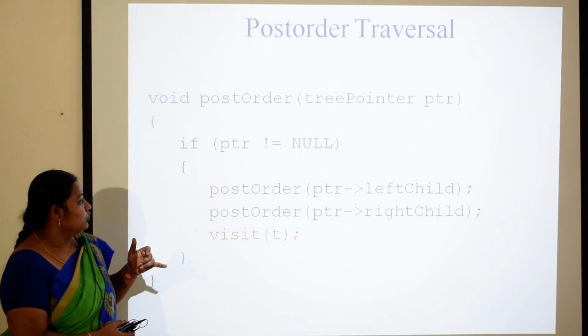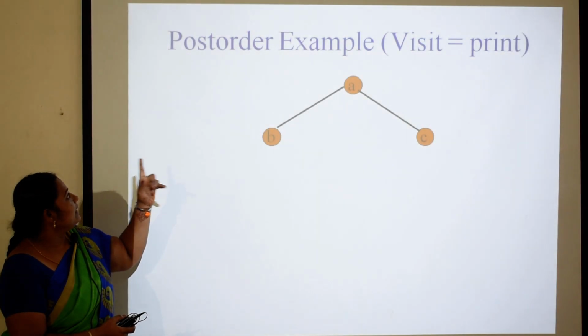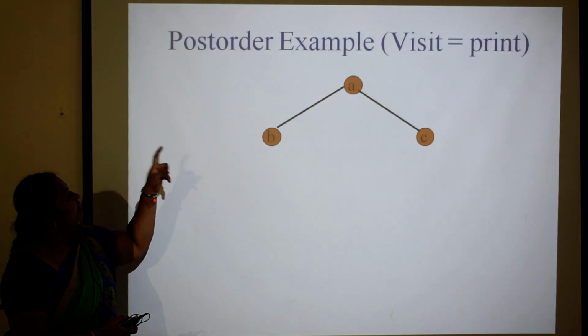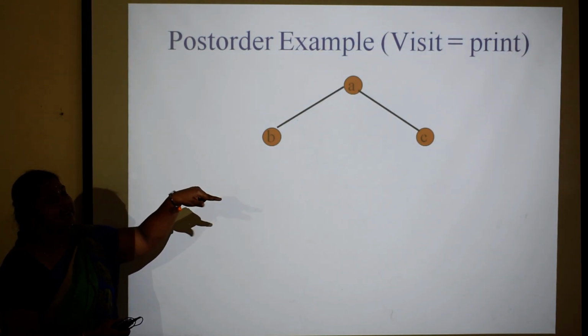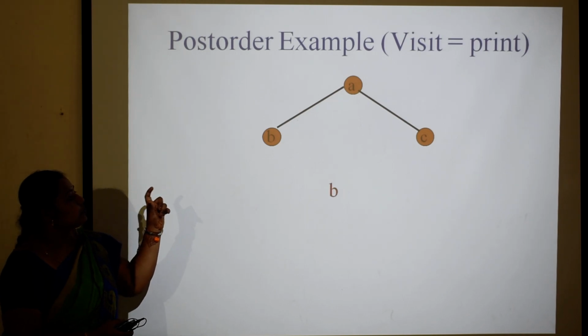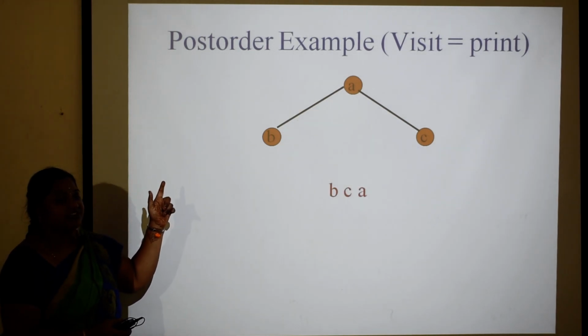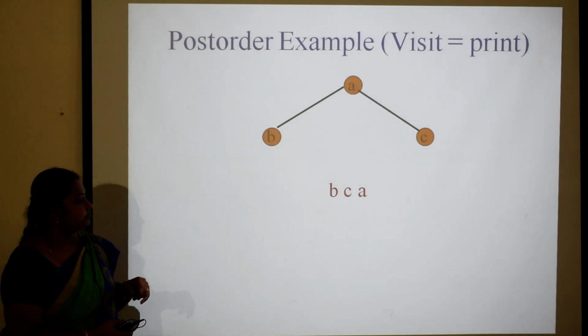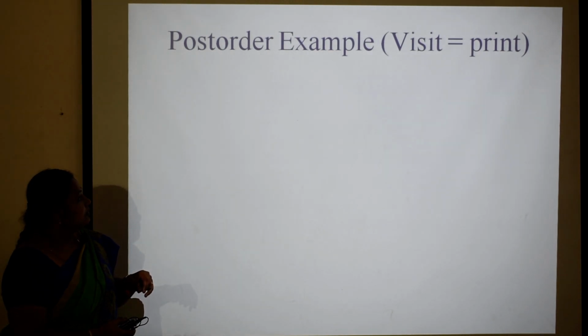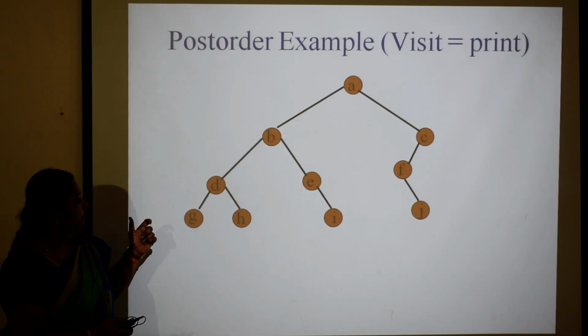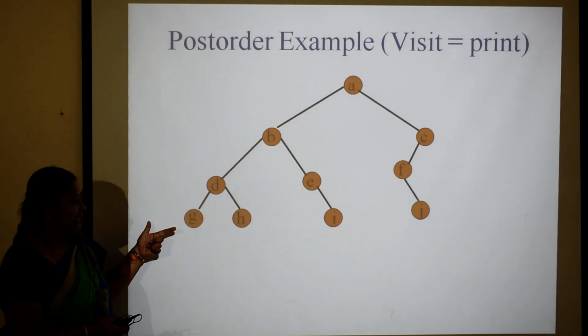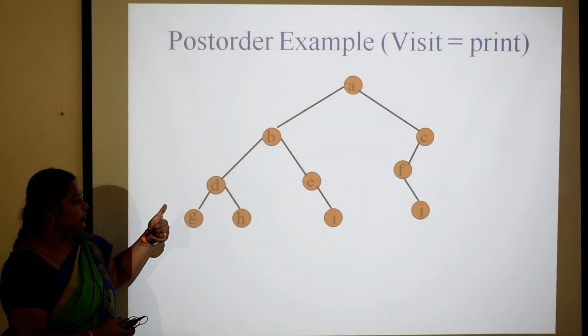In a simple binary tree, it prints like A, C and A. That is first left child, then right child, then node.